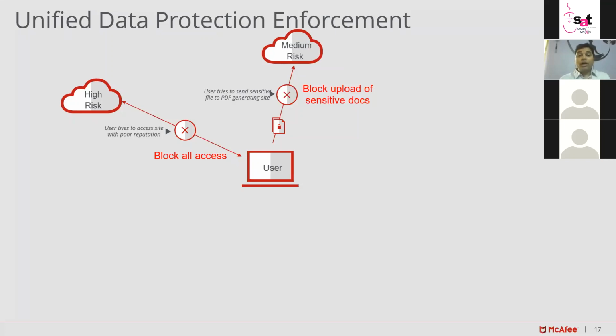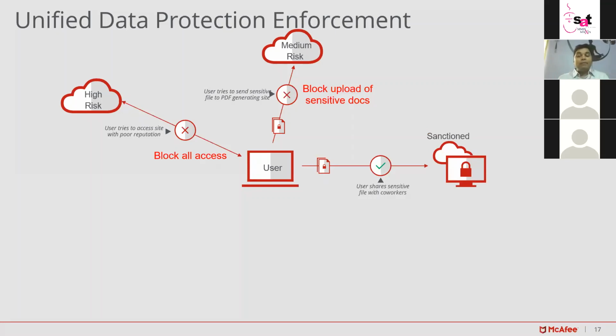Now, if I try to upload a sensitive document into risky applications, like PDF sites, or sites like SourceForge, which in itself is not a bad category, but if you upload a sensitive document there, it becomes a risk from a data or compliance perspective. If sensitive data is getting uploaded to those kinds of applications, the solution will block it.